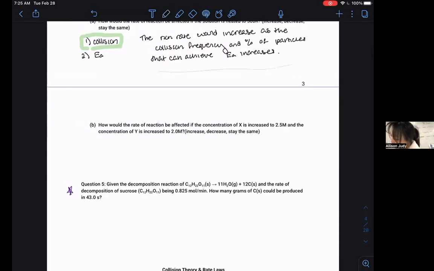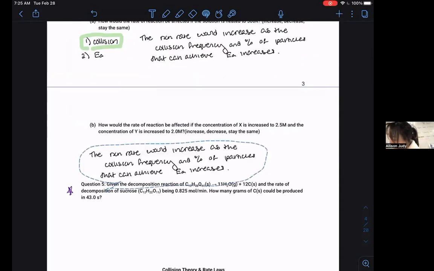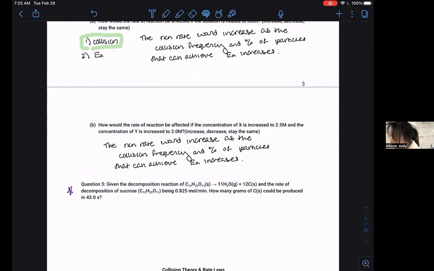I'll copy and paste this answer and modify it: the reaction rate would increase as the collision frequency would increase due to more particles being present.